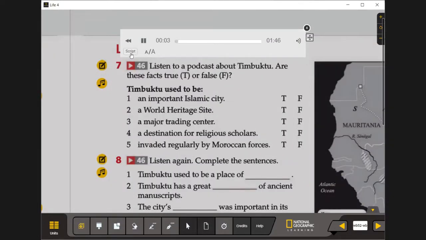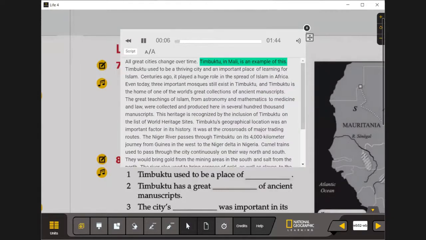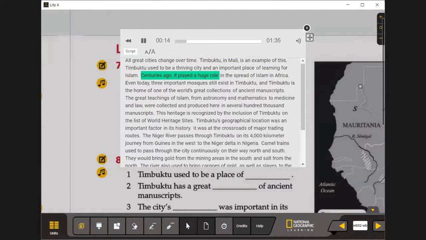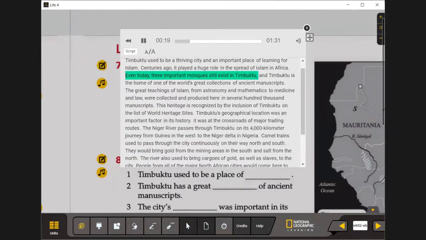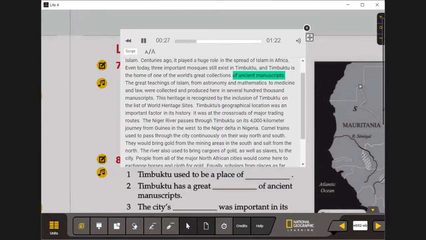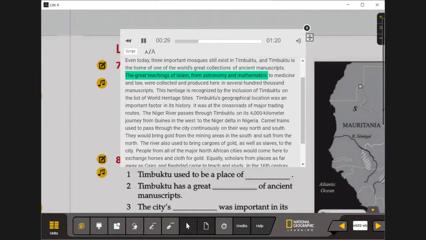All great cities change over time. Timbuktu in Mali is an example of this. Timbuktu used to be a thriving city and an important place of learning for Islam. Centuries ago, it played a huge role in the spread of Islam in Africa. Even today, 3 important mosques still exist in Timbuktu, and Timbuktu is the home of one of the world's great collections of ancient manuscripts.